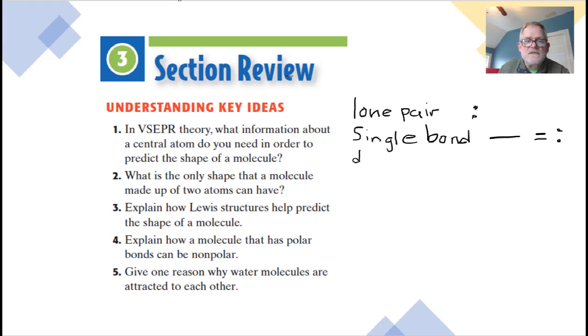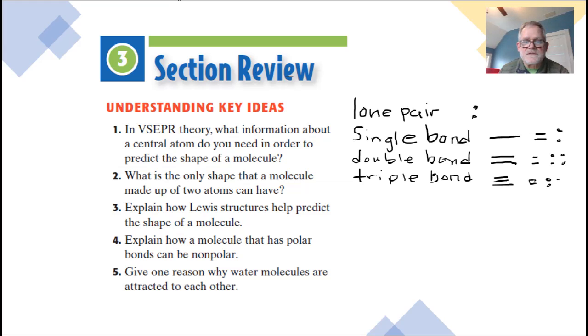It can be a double bond, and that's represented by two parallel lines, and of course that equals 4 electrons, or 2 electron pairs. Or they can be a triple bond. And that's three dashes, and that of course equals 1, 2, 3, 4, 5, 6 electrons.